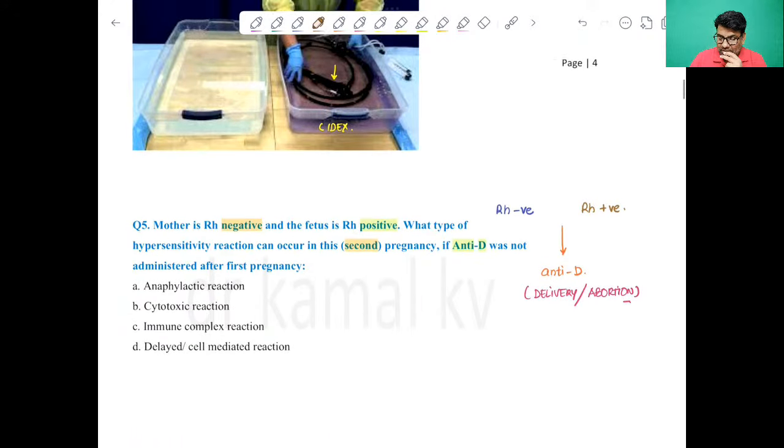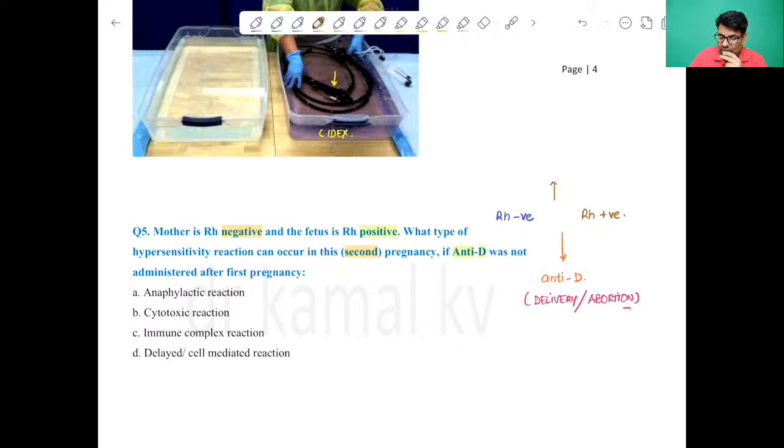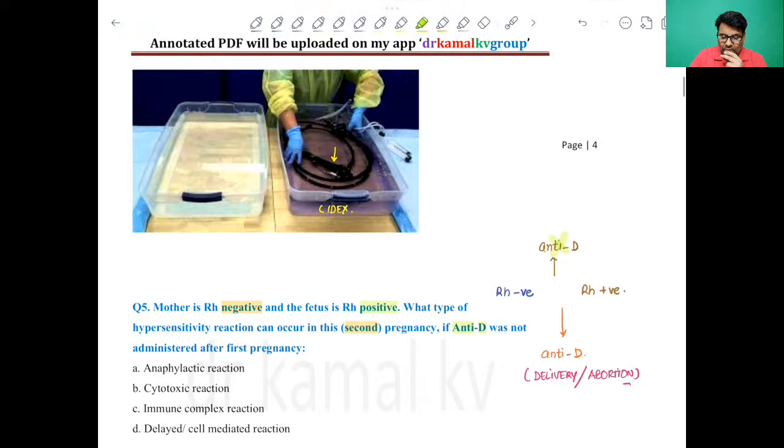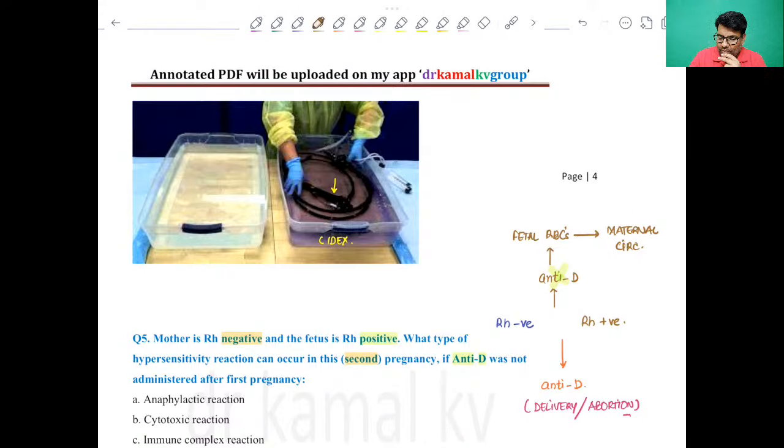Now, what happens if this anti-D is not given? If anti-D is not given, right, some fetal RBCs will leak into the maternal circulation. So fetal RBCs will gain entry into the maternal circulation, right? And the maternal immune system will think of them as a foreign body and will form antibodies.